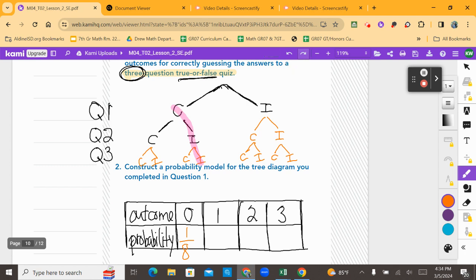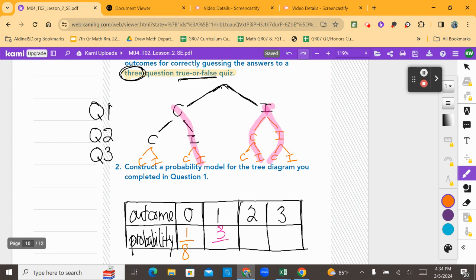So for 1 answer correct, I would highlight or circle correct, incorrect, incorrect. You could also circle incorrect, correct, incorrect to show 1 correct answer. You can also highlight 2 wrong answers, incorrect, incorrect, and then finally you get a correct answer. And those are all of the outcomes that show 1 correct answer.